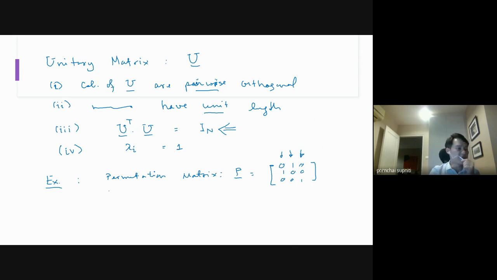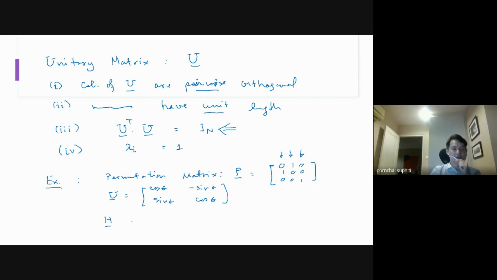Another possible unitary matrix is like this. Let's say U is equal to cosine theta, minus sine theta, and sine theta, cosine theta. Any two columns are orthogonal, and each column has unit length as well.